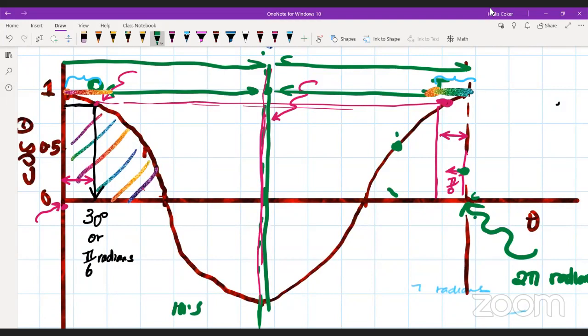The distance from this line to that line is pi on 6 radians. If this is 2 pi here, and this distance is pi on 6 radians, then this angle here will have to be 2 pi take away pi on 6 radians.